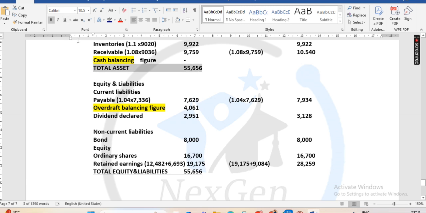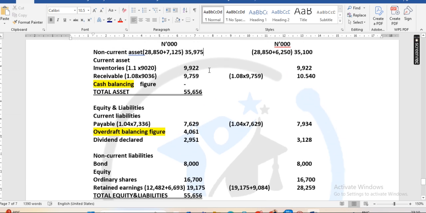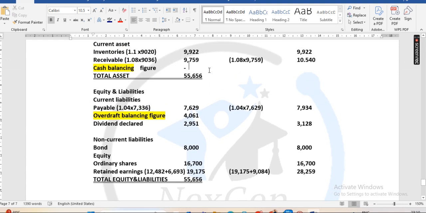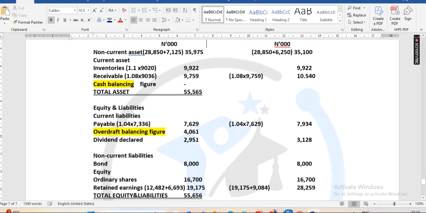Okay. So is it not 55565? Please, you guys should check this calculation now. At the bottom it is 55565. Please add 35975 plus 9922 plus 9759.